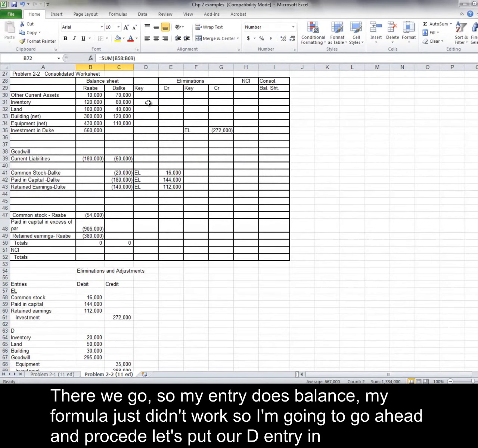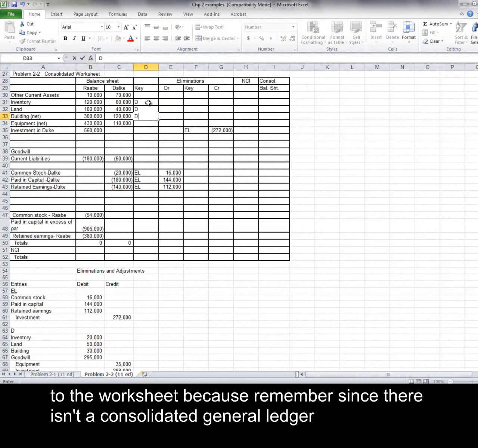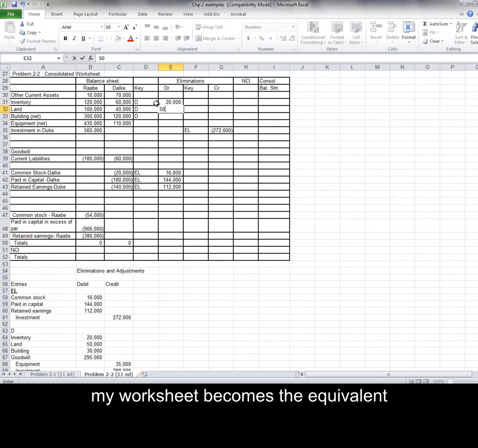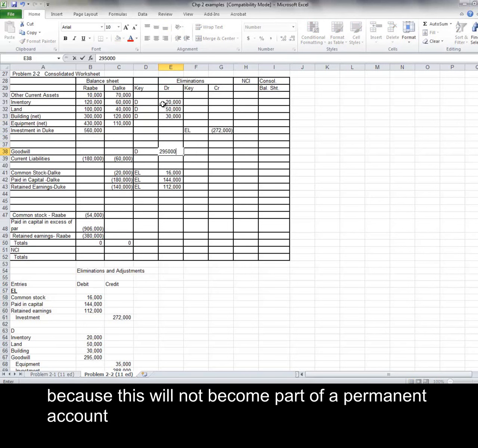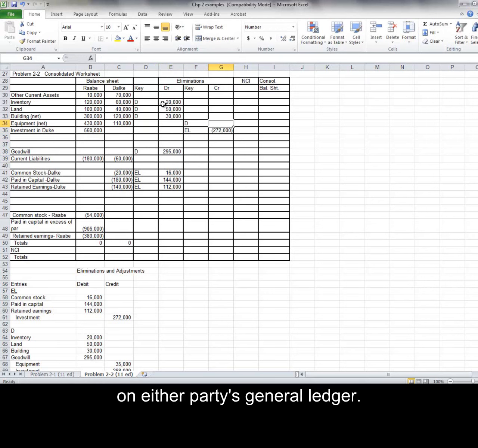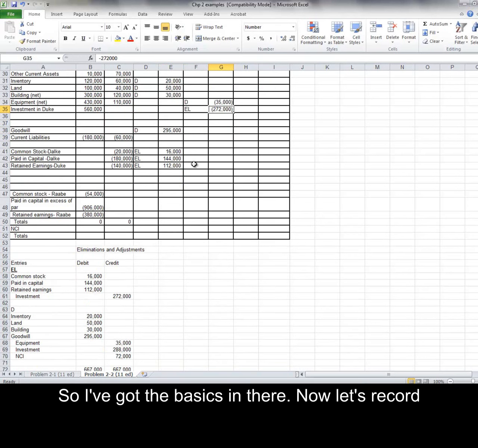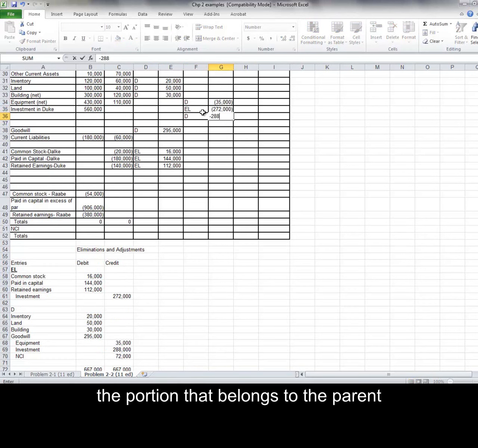Let's put our D entry into the worksheet, because remember, since there isn't a consolidated general ledger, my worksheet becomes the equivalent, and I have to post to that worksheet on an annual basis and cumulatively, because this will not become part of a permanent account on either party's general ledger. It is strictly for reporting purposes. So I've got the basics in there. Now let's record the portion that belongs to the parent.